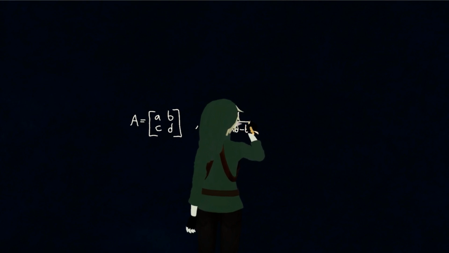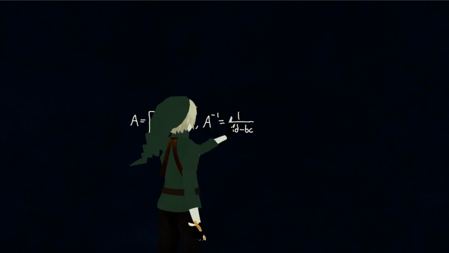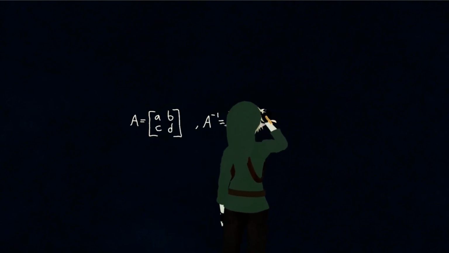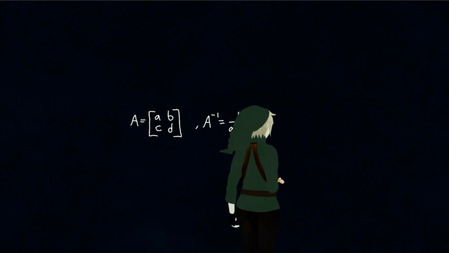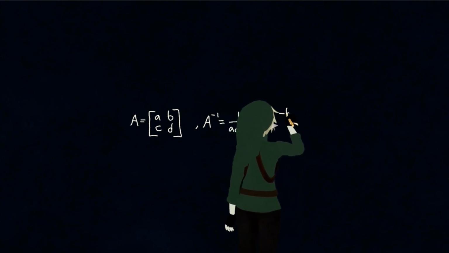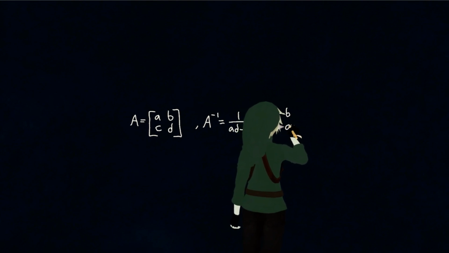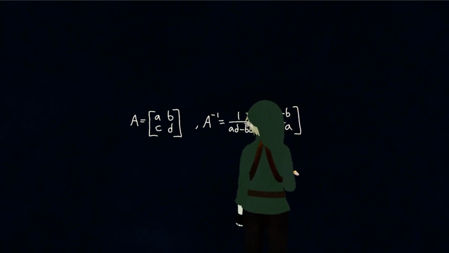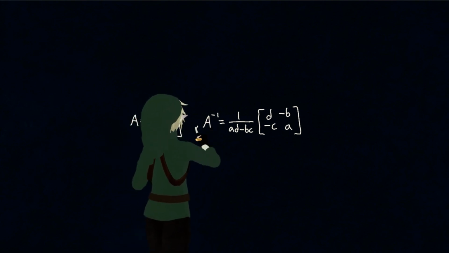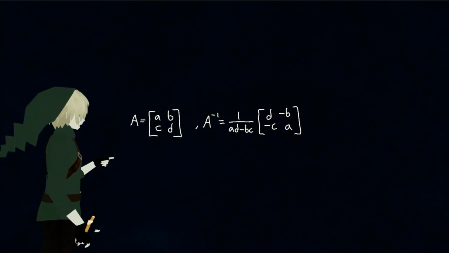This is a fraction, an actual number, a scalar multiplying a matrix in the form D, negative B, negative C, and A. This is the formula for the inverse of any 2x2 matrix.